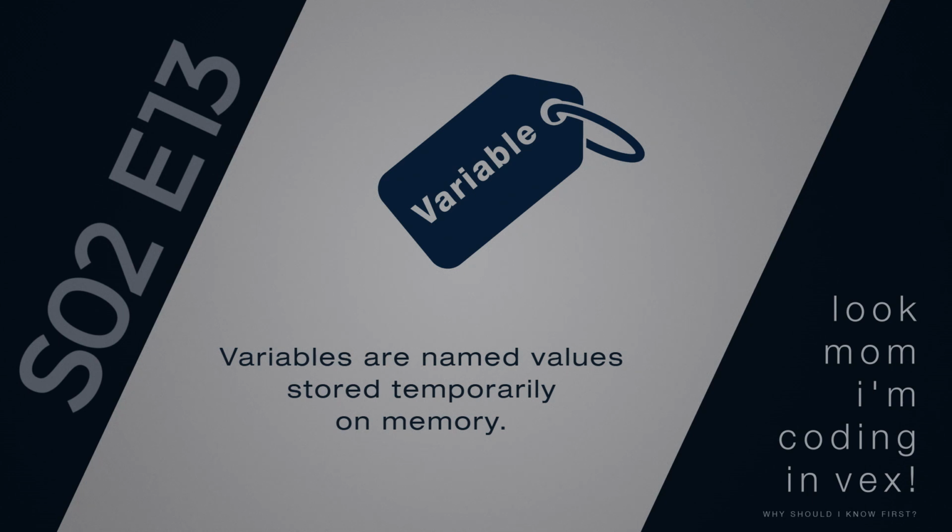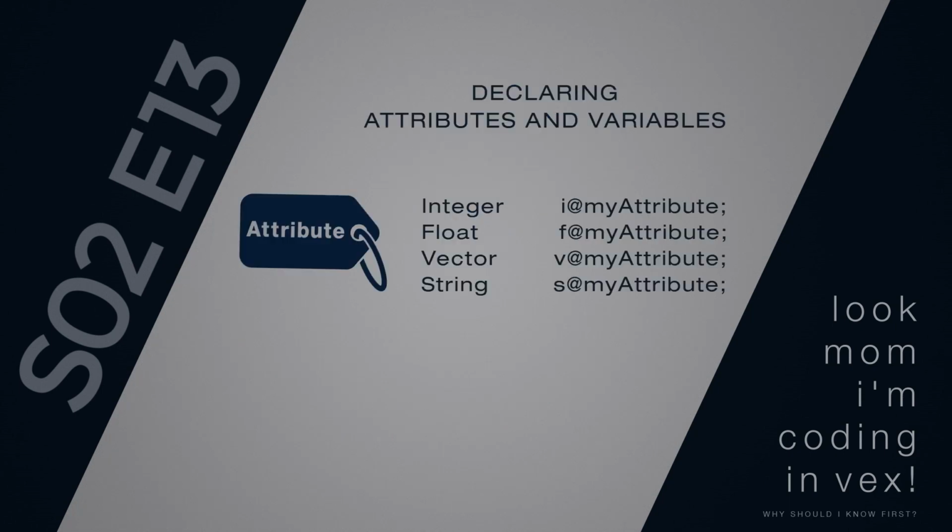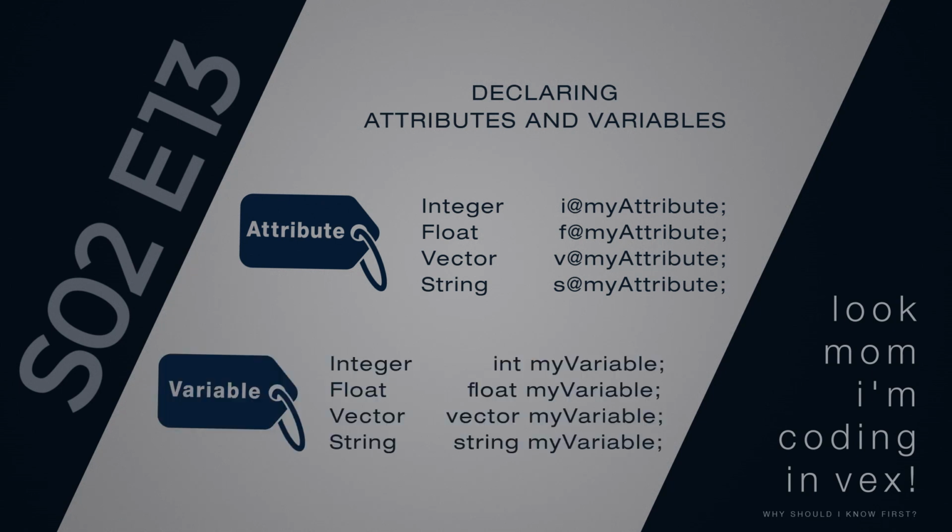Now, to use your data, either attributes or variables, you need to declare it first. For attributes, you type the initial of the data type, then the @ sign, and finally a name. For variables, you type the data type and then a name. By the way, predefined attributes, as they already exist, they don't need to be declared.